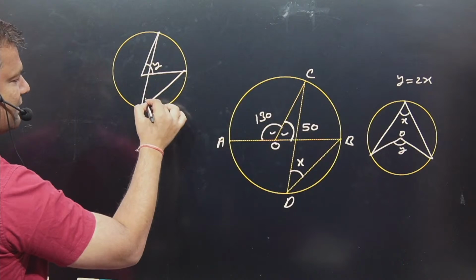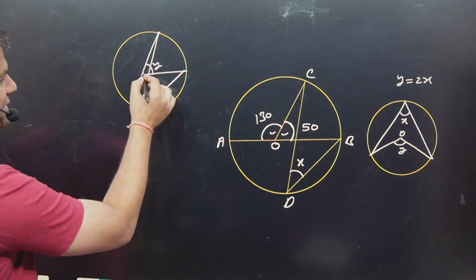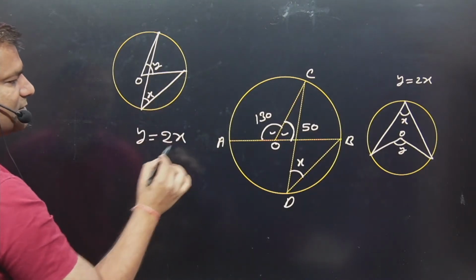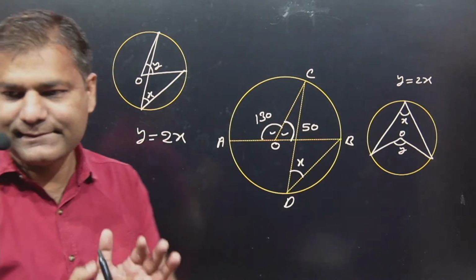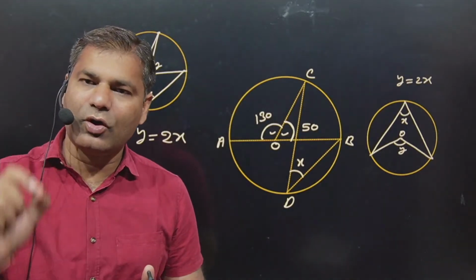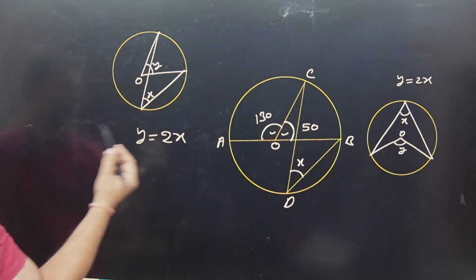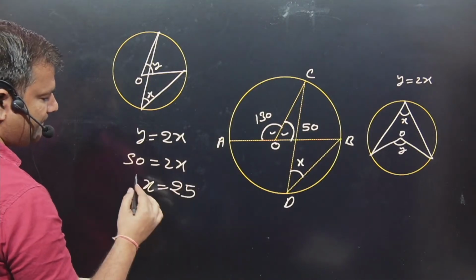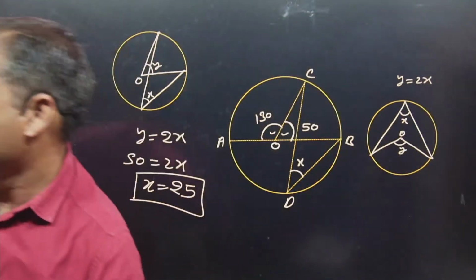If this one is Y and this one is x, what is the relation between these two? You can apply this theorem. O is the center of the circle, so Y is always equal to 2x. Clear or not? So if this one is 50, then x equals 25. 25 is the right answer.